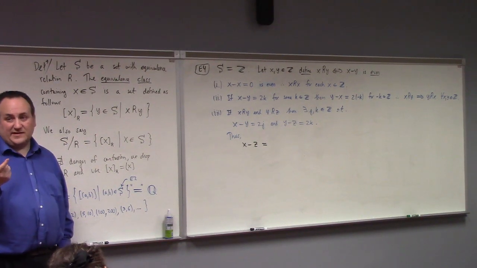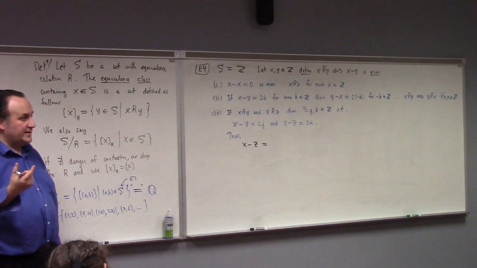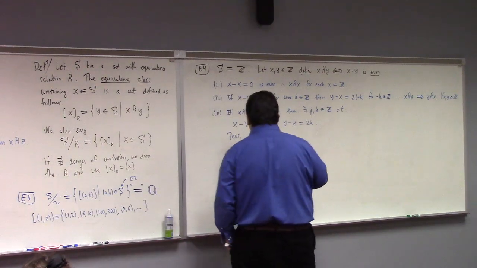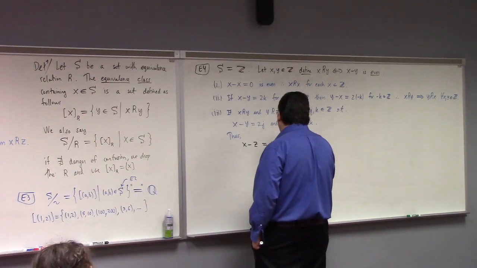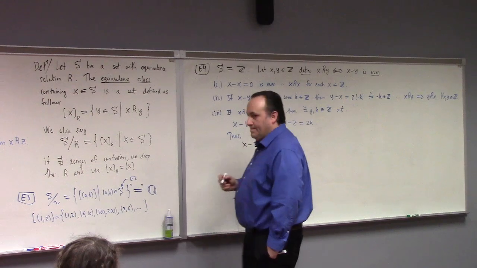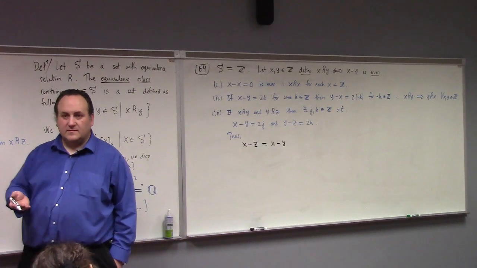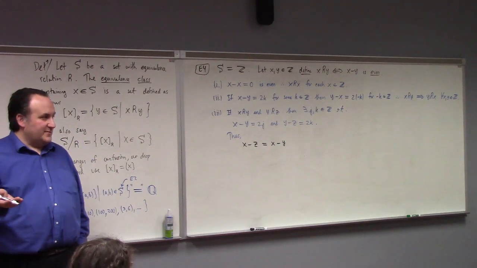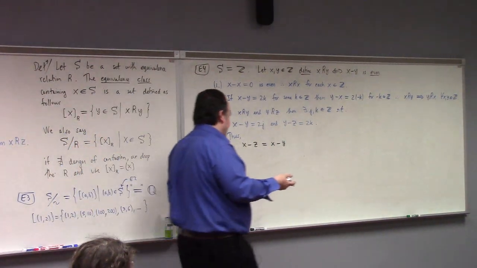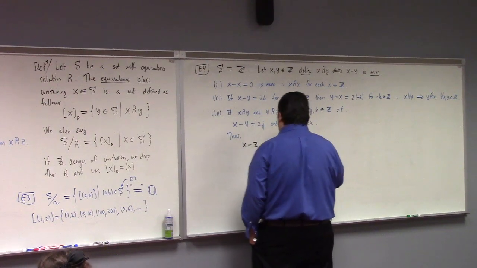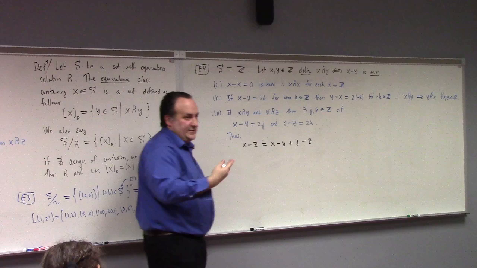I want to show that x minus z is a multiple of 2. Well, I know about x minus y, so I need plus y minus z. Why is that allowed? Because I've just added 0.